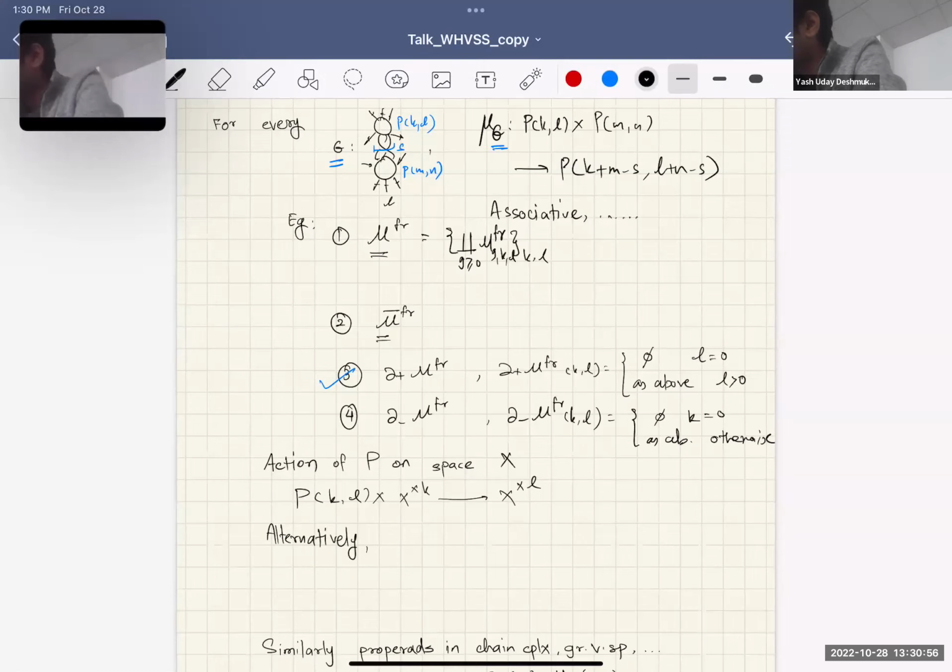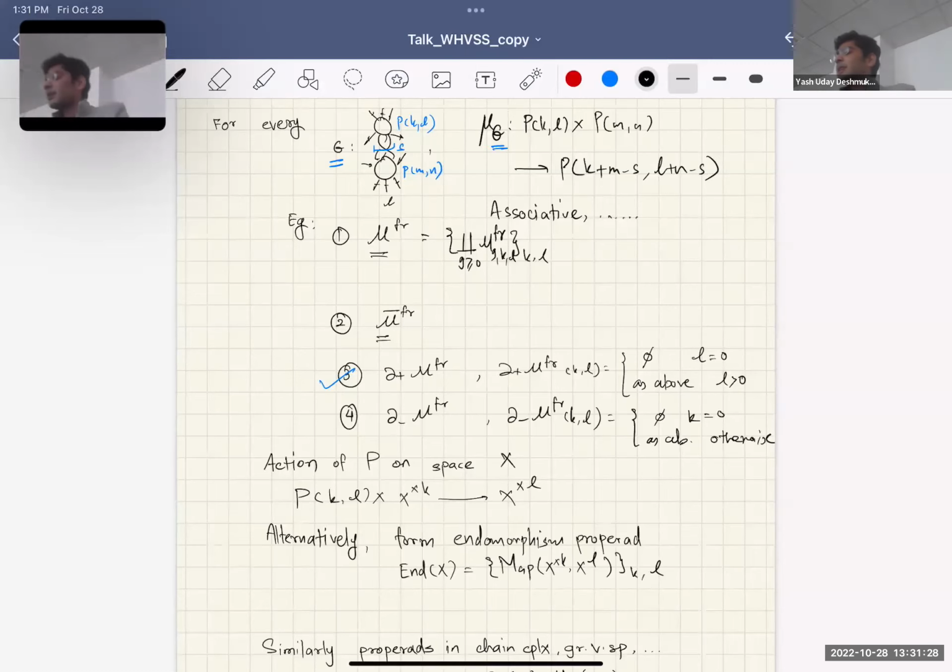An alternate way of saying this is as follows. For any space X, we can form an endomorphism properad, which assigns, as its (k,l) operations with k inputs and l outputs, literally all continuous maps from k copies of X to l copies of X. These are just continuous maps from X to the power k to X to the power l, and you compose them in the obvious manner.